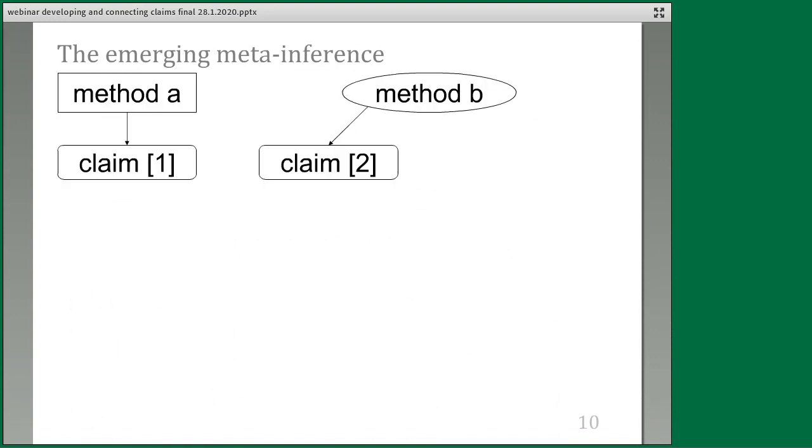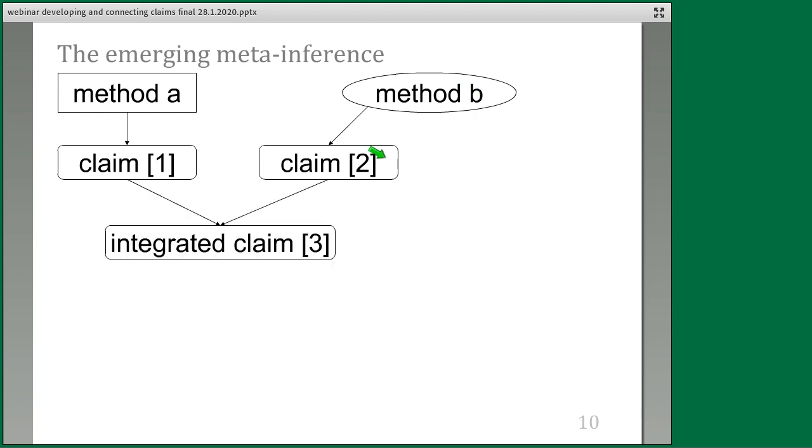I think we can solve the problem by saying, no, the meta-inference does not occur at the end of the study, but it is also emergent. So we can start with a quantitative method A and a claim 1, a qualitative method B and a claim 2, and we can then connect the two, and then we have an integrated claim 3.